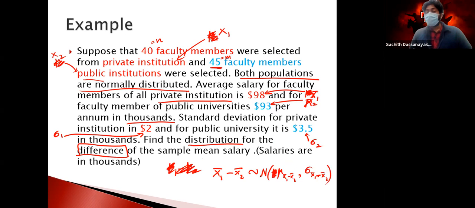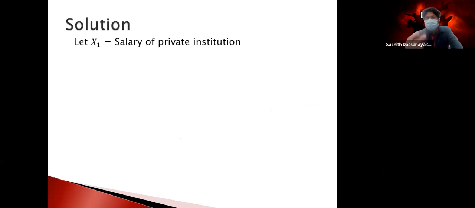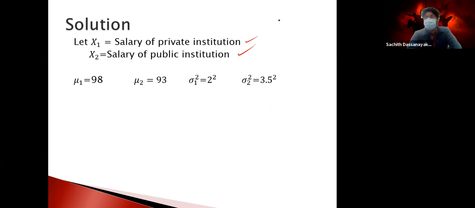You know this is true, but you need to figure out what these values are. You have to calculate them using the last two equations. So x1 goes to the private institution, x2 goes to the public institution. These values are given.